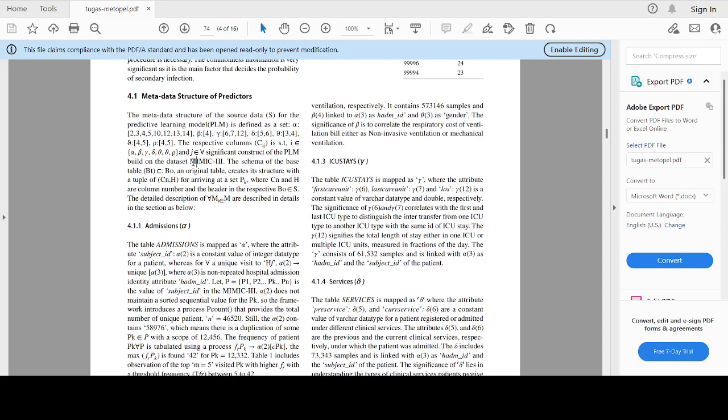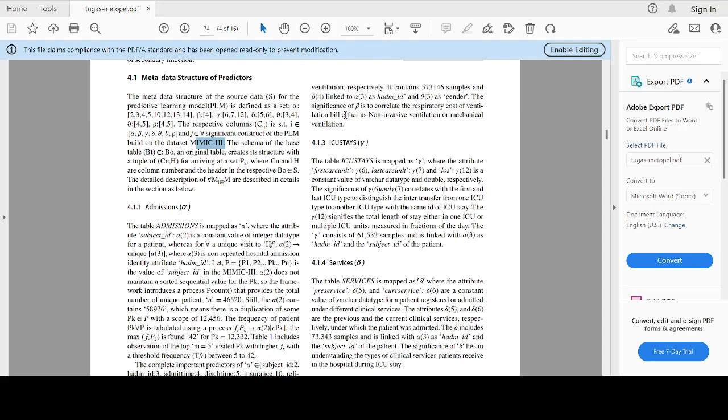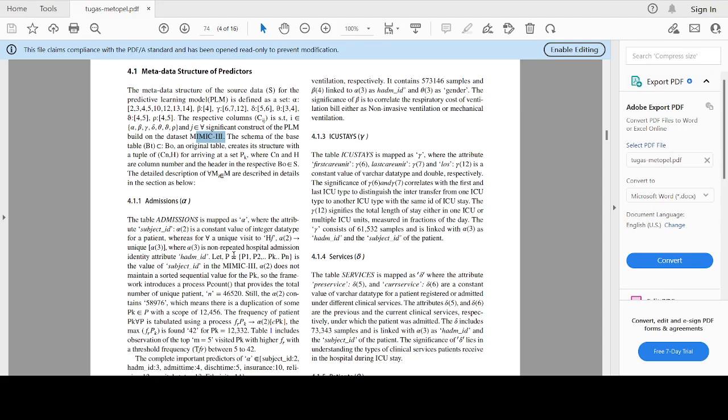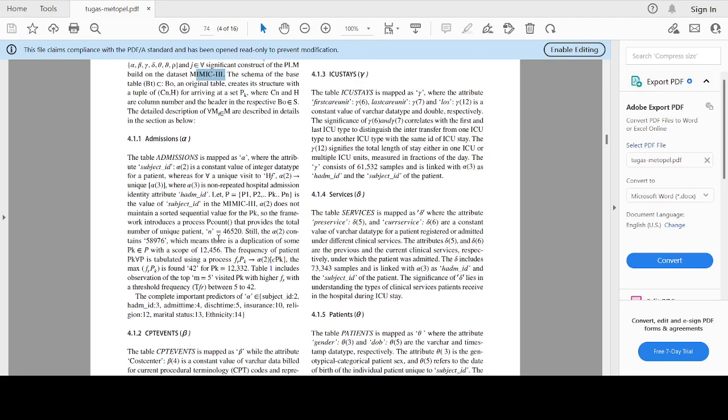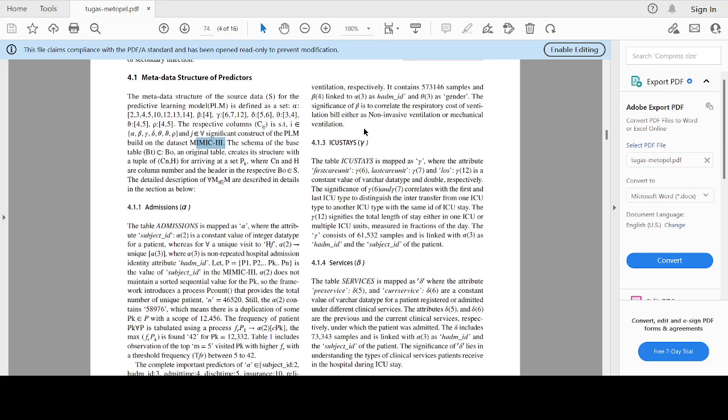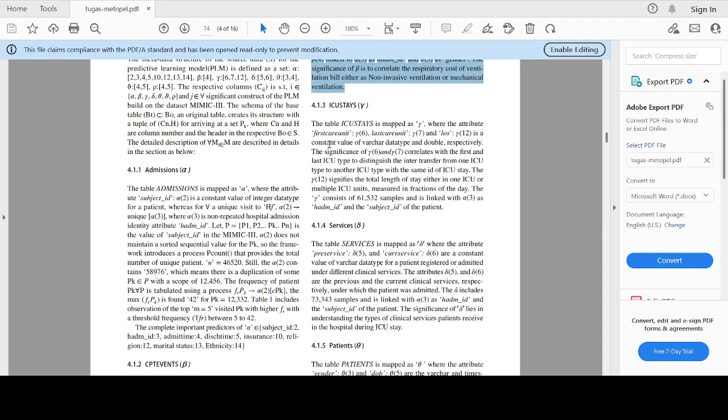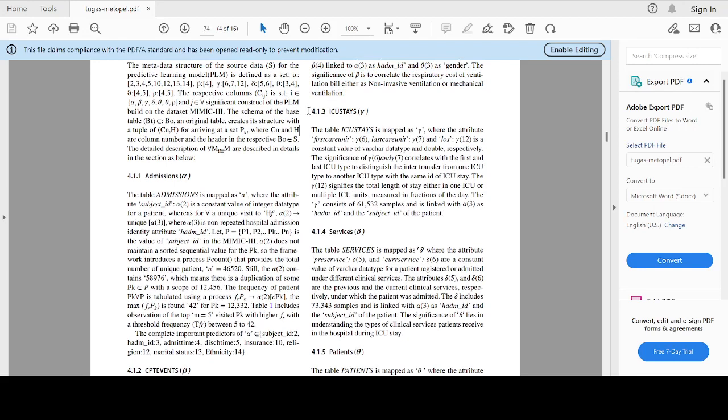So the MIMIC dataset is, as I said, semi-raw. There are still semi-links that you still need to build into one, and you need to figure it out by yourself, because that's the point of it.